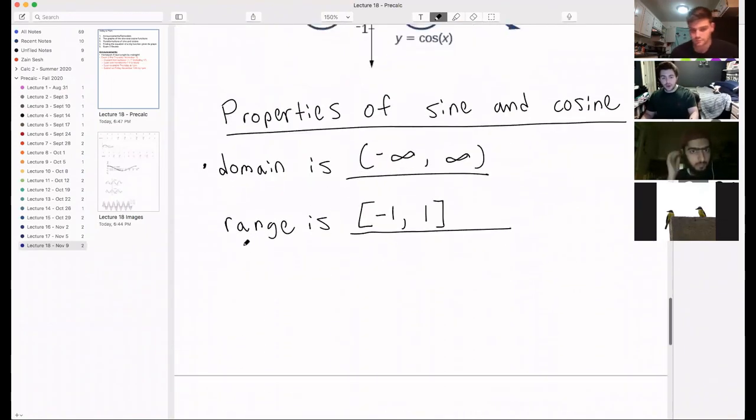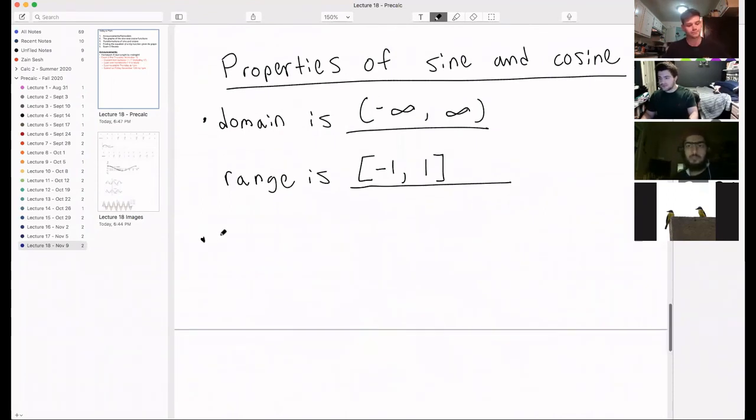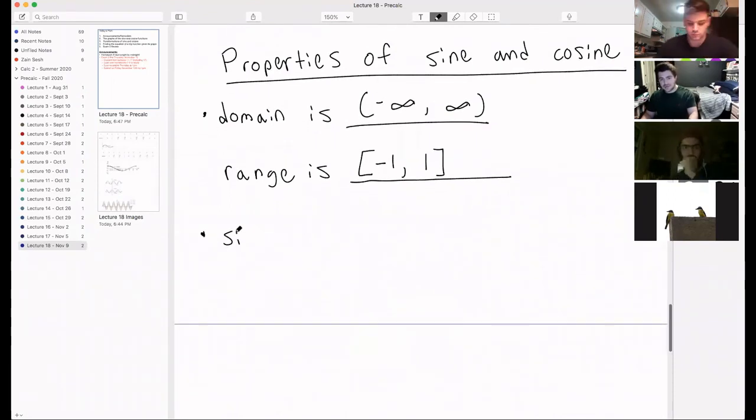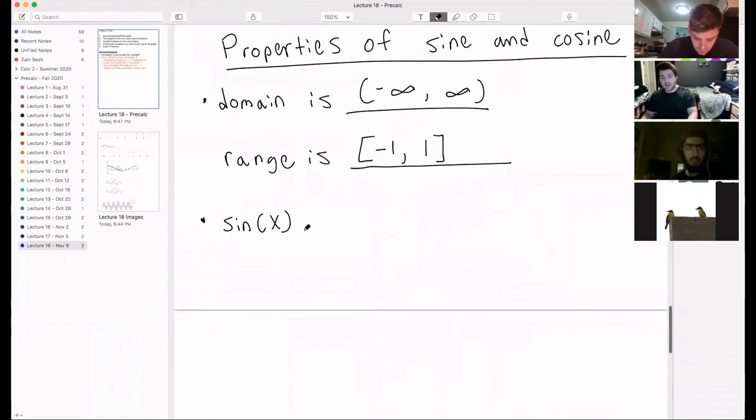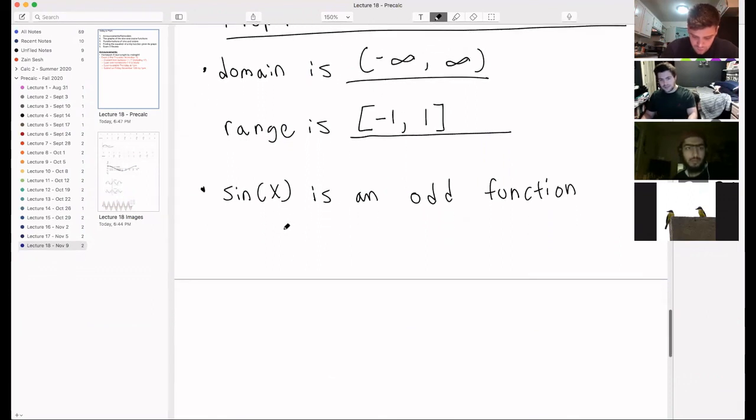Okay, and we also have some other nice properties. So sine of x is actually an odd function, and what does that mean? Well, it means that sine of -x is the same as negative sine of x.